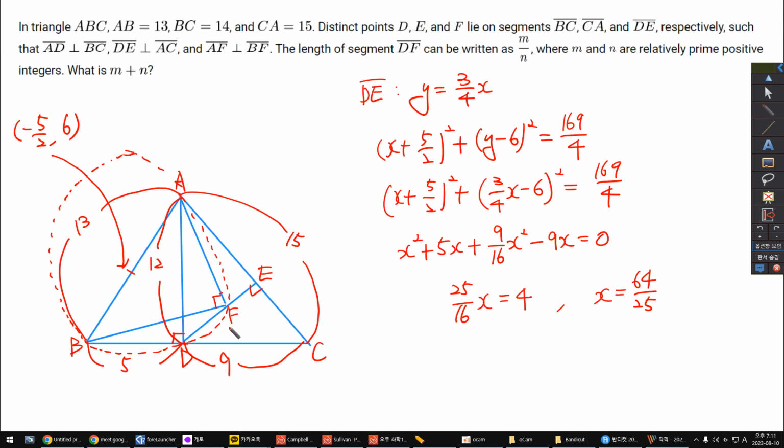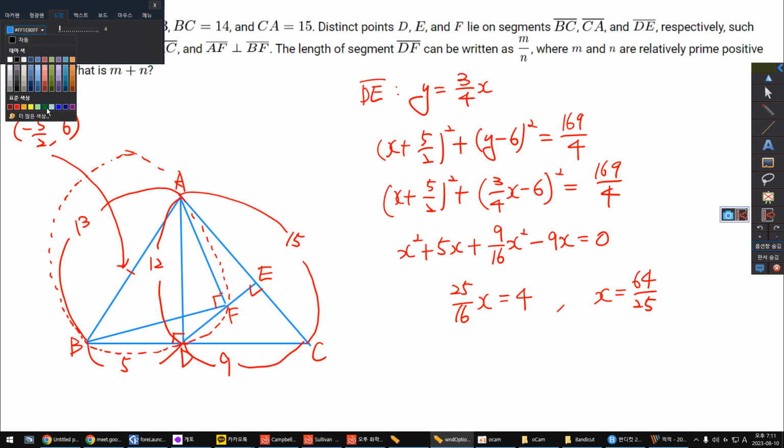And when we make a right triangle like this, because the slope is 3 over 4, if we want to find the hypotenuse of this green right triangle, the base length is 60 over 25, so the ratio is 4, 3, and 5.